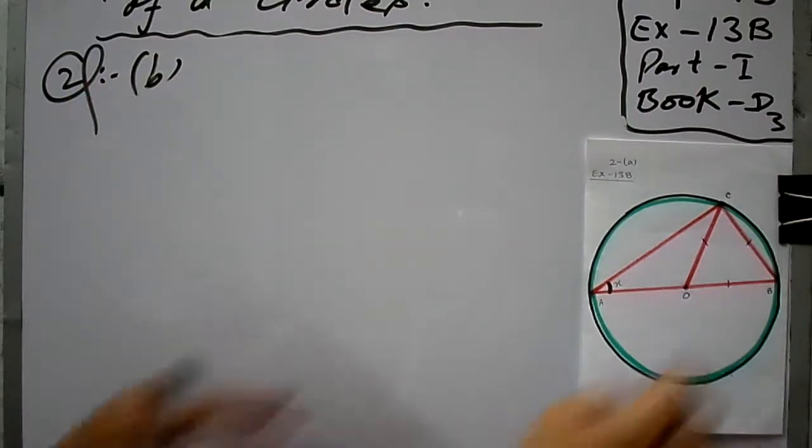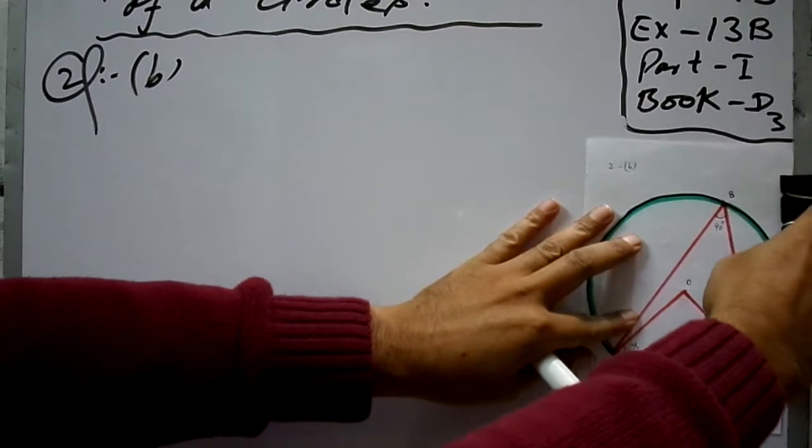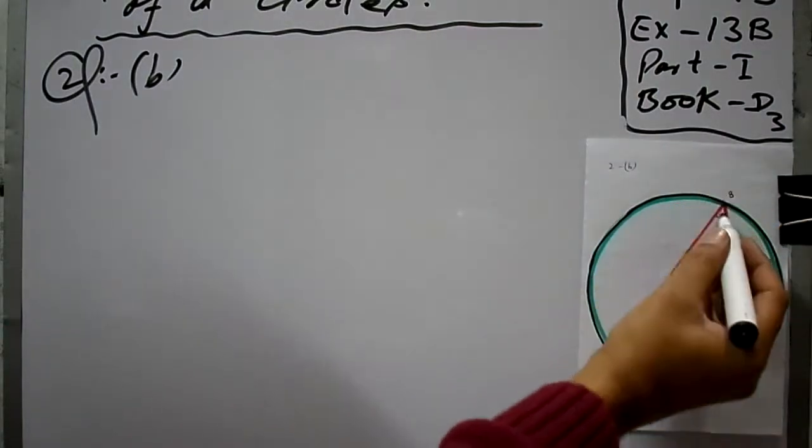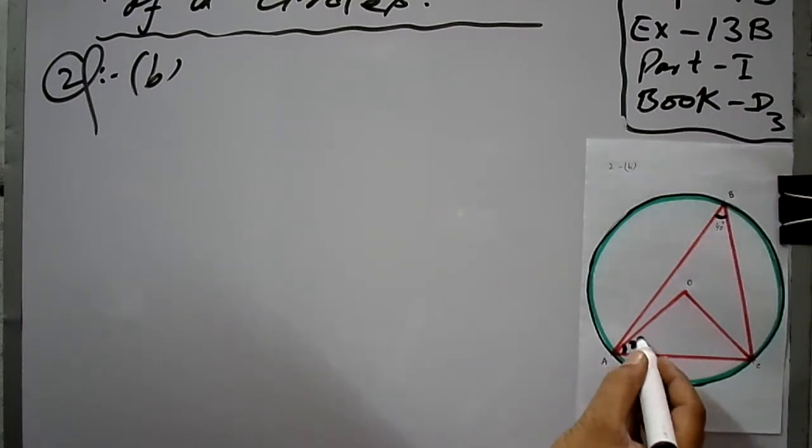In B part, you can see first the diagram, because without the diagram we cannot judge anything, because you see that is your 40 and we have to find the X value.